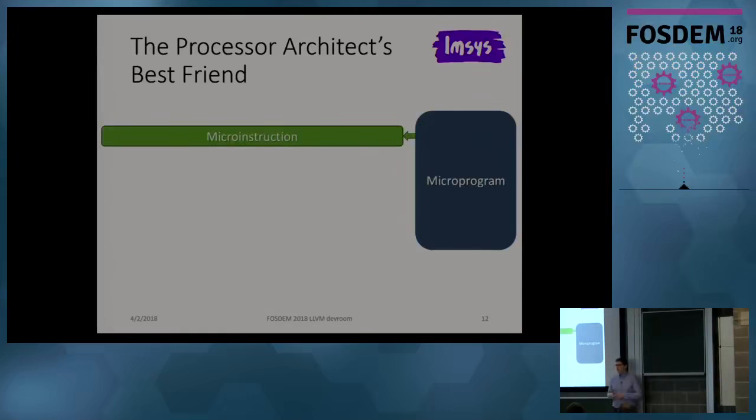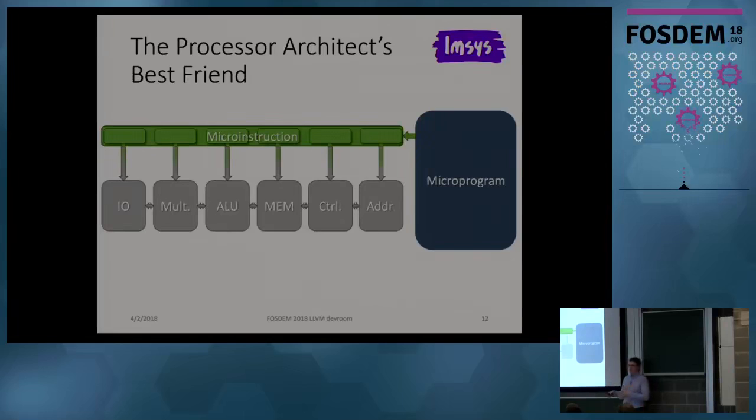and each micro instruction consists of separate fields, and each control field has a control value which directly controls the behavior of the different functional units of the processor. One of the functional units is the sequence control, which then decides which micro instruction to execute next.